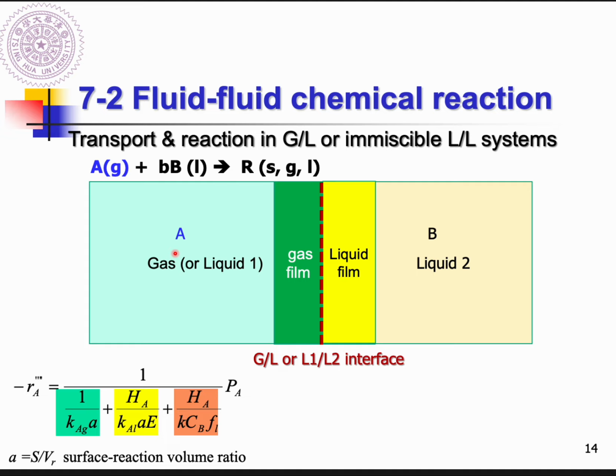Next, I'm going to draw the concentration of gas A, or you can call it the partial pressure of gas A, as a function of location, to describe how the molecule A or gas A penetrates through these different layers.